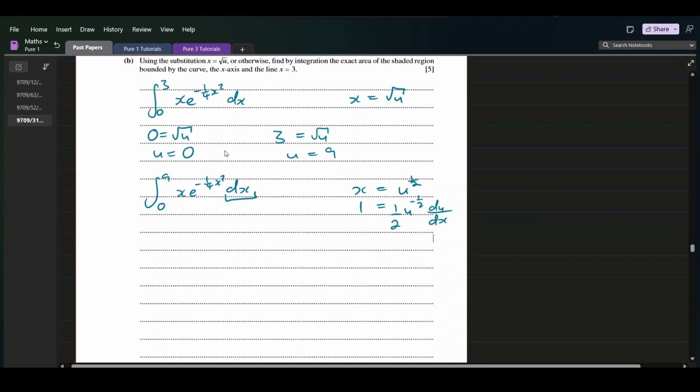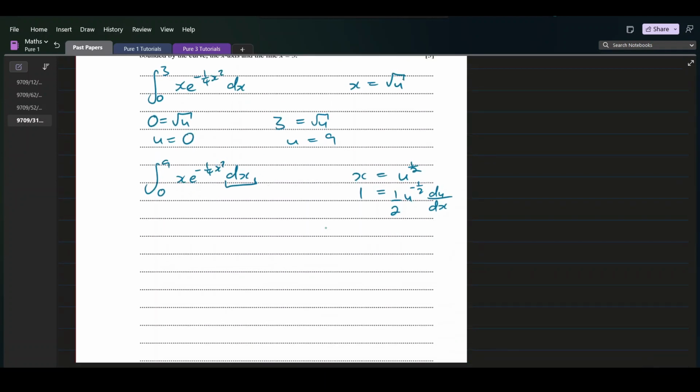And now we want to make dx the subject of the formula, so this becomes dx is equal to 1 over 2u to the half. And we can come and substitute here.